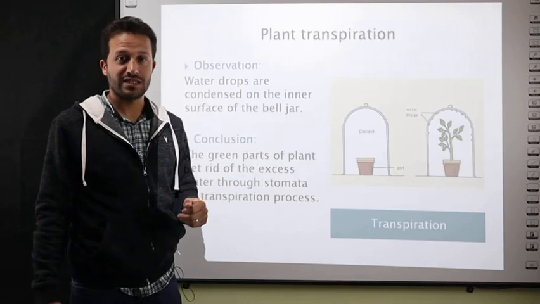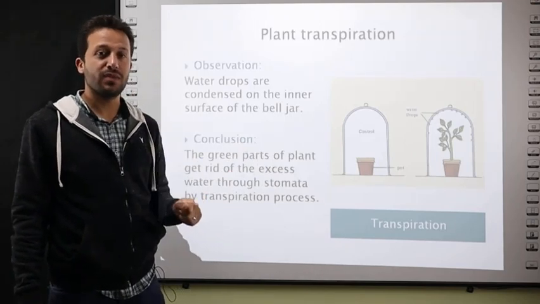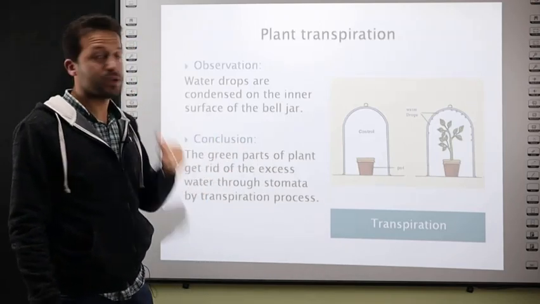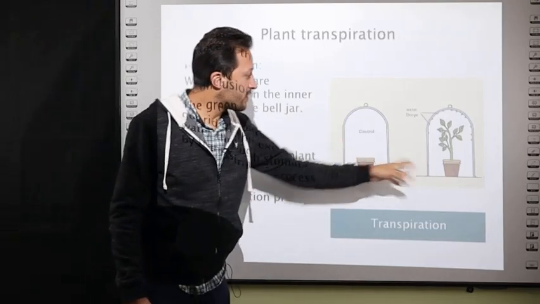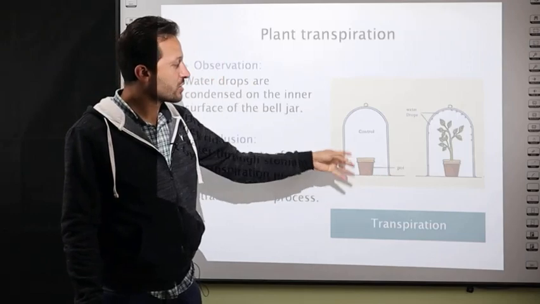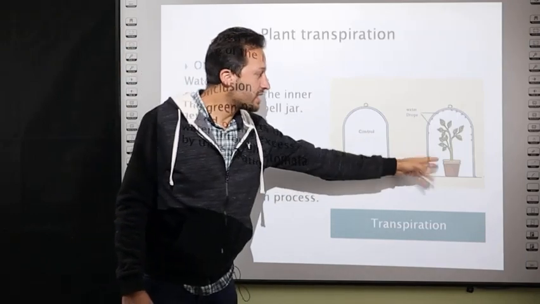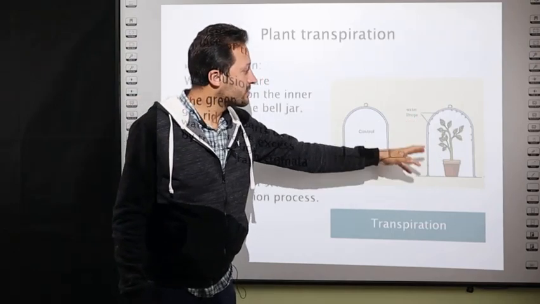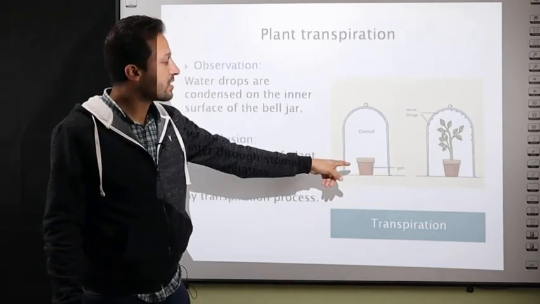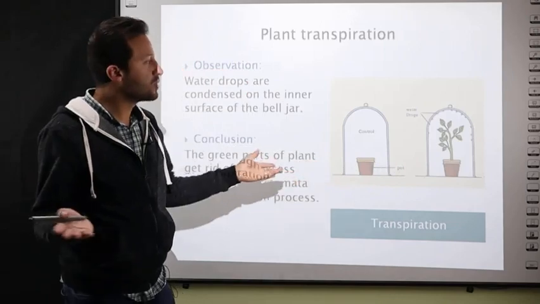Finally, we have an experiment to prove that the green plants make transpiration process. Okay, so we have two pots. One of them contains a green plant with many leaves, and the other pot contains none.